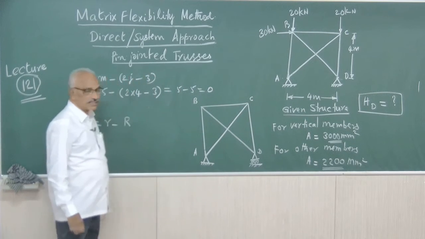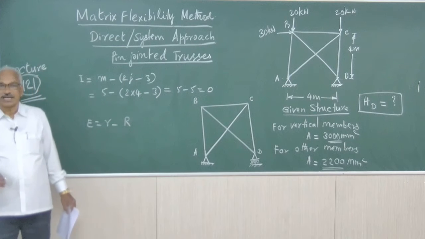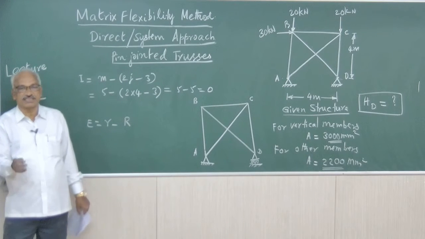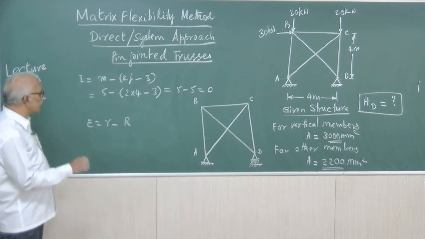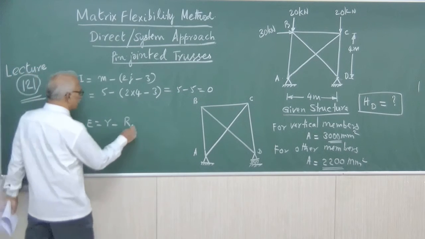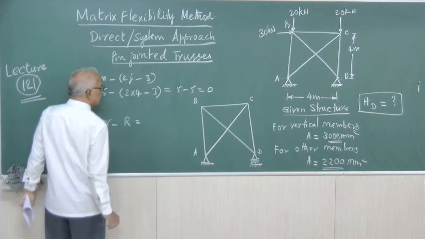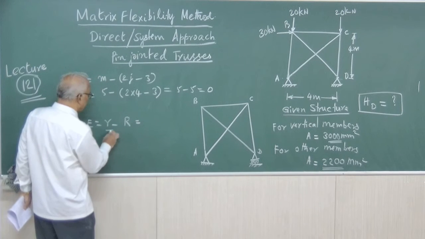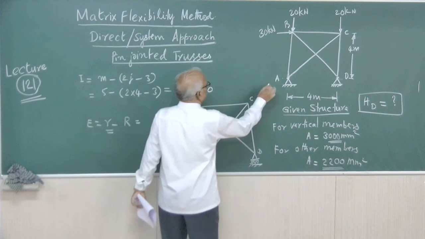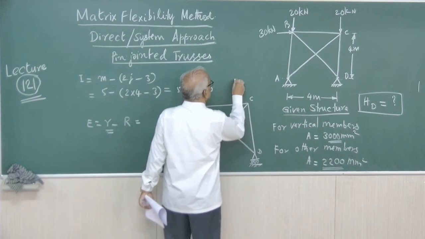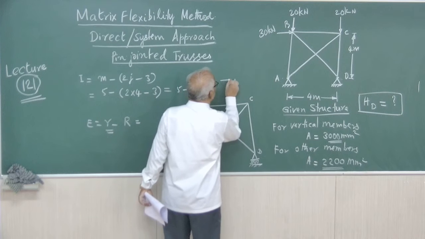That means the structure is statically determinate internally, that is, it is not having any extra member. Coming to external redundancy, small r stands for the number of reaction components possible. In a hinged support, 2 reactions are possible: a vertical reaction and also a horizontal reaction.